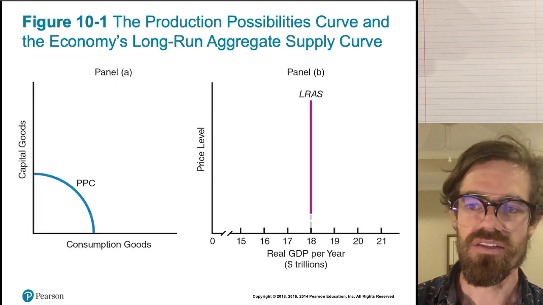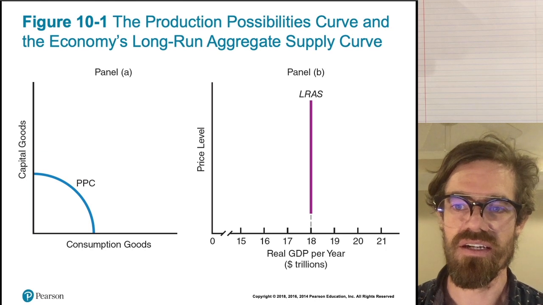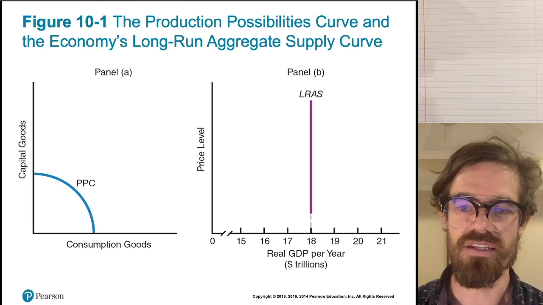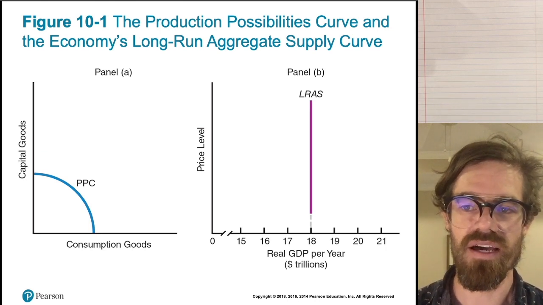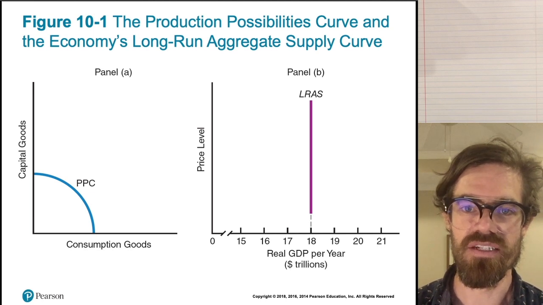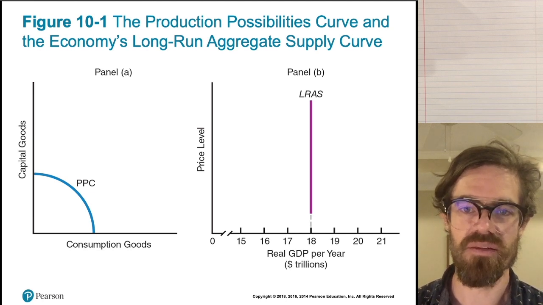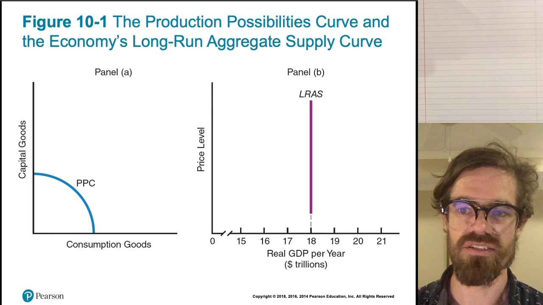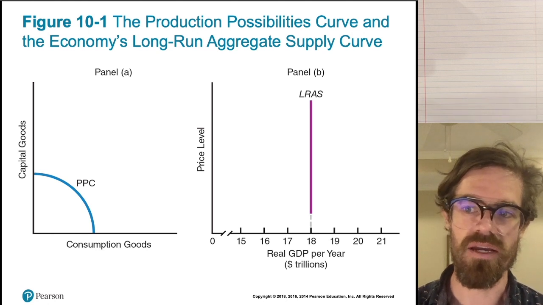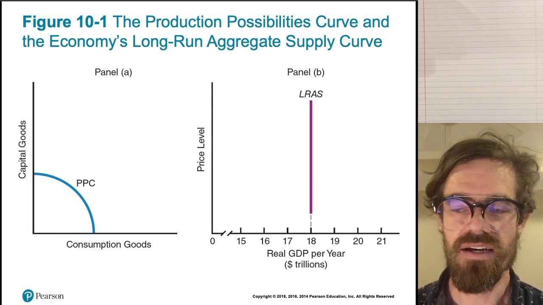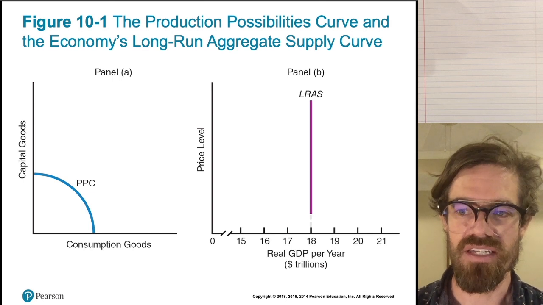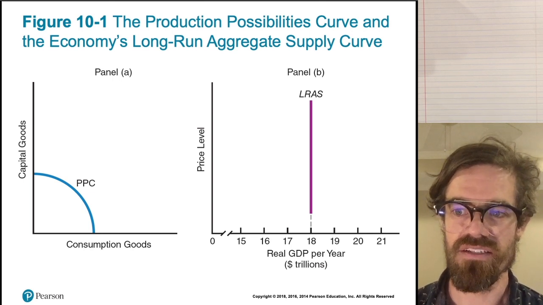And the reason it's vertical is because the quantity supplied by firms in the economy does not depend on the price level. So it's independent of the price level. The price level might go up, it might go down, but long run aggregate supply stays exactly the same. And in this case, it's $18 trillion per year.